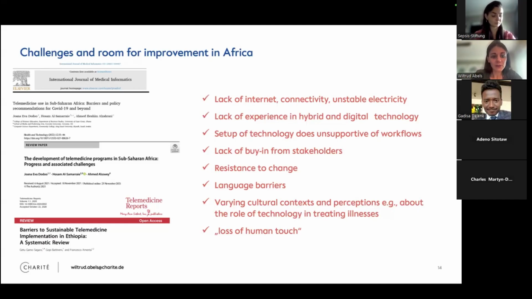So we have found several publications. This is by far not everything that's out there. In the meantime, there have been updated reviews, but what authors very much agree on are the common pitfalls when implementing telemedicine in Sub-Saharan Africa: there very often is a lack of internet connectivity, unstable electricity, and in many places a lack of experience in working with digital technology in healthcare.